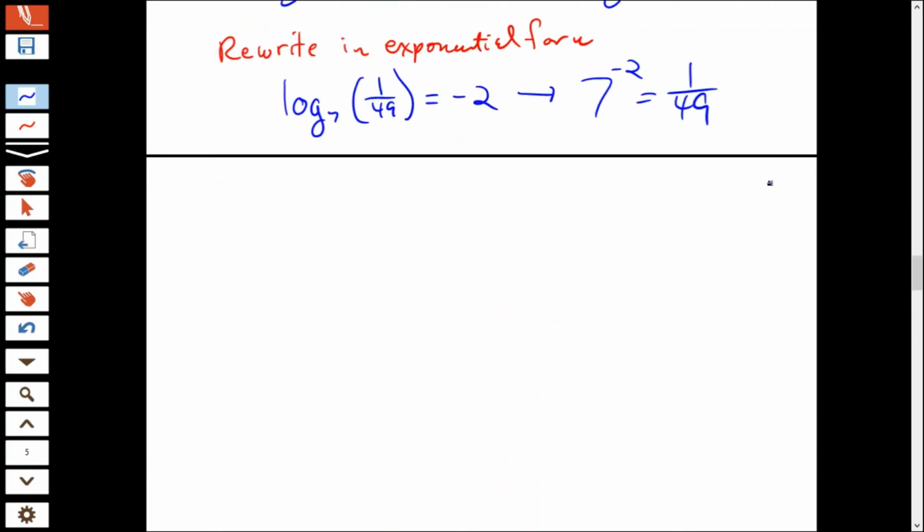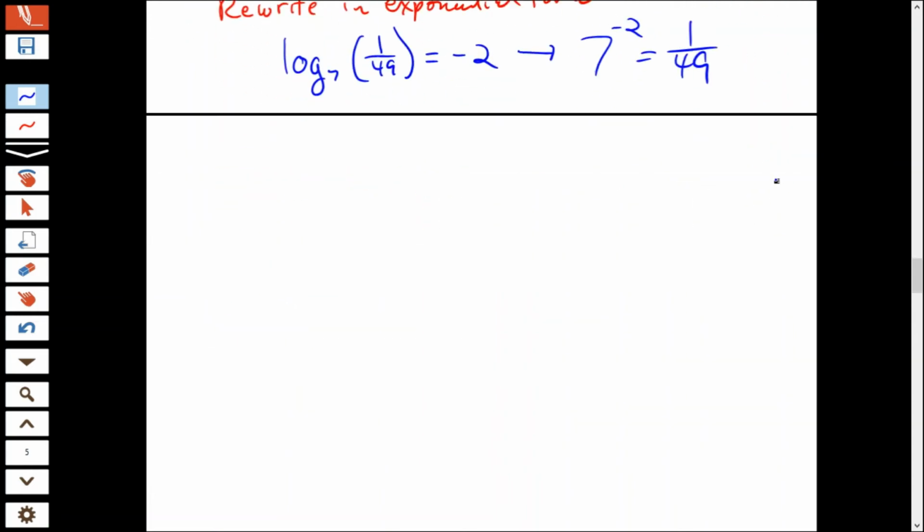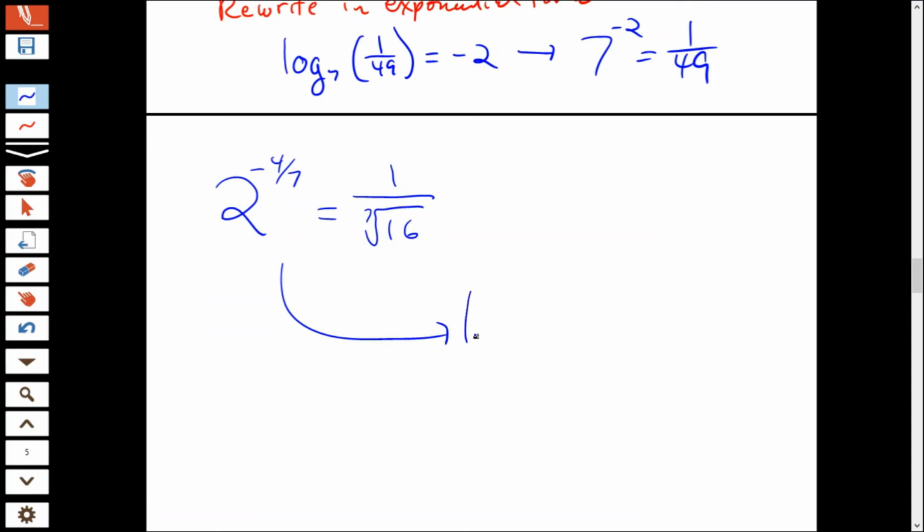So let me give you a trial, right? Try and write down 2 to the negative 4/7 equals 1 over the 7th root of 16. Rewrite that into log form. So log, what's the base going to be equal to?